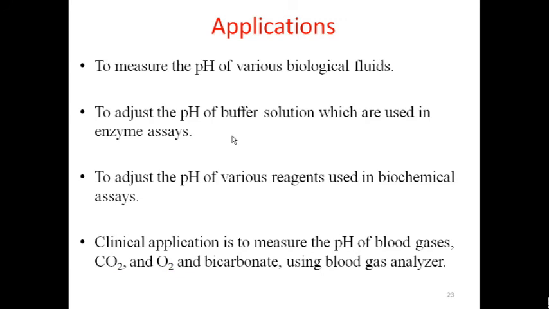Third, it is used to adjust the pH of various reagents used in biochemical assay processes. Fourth, it is used to measure the pH of blood gases like CO2, oxygen and bicarbonate by the blood gas analyzer. So these are a few applications of the pH meter.